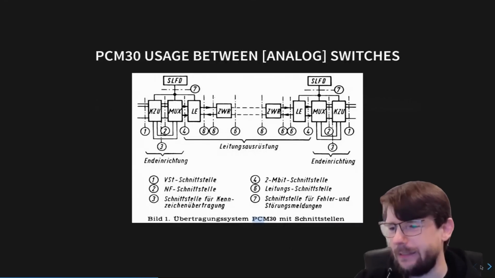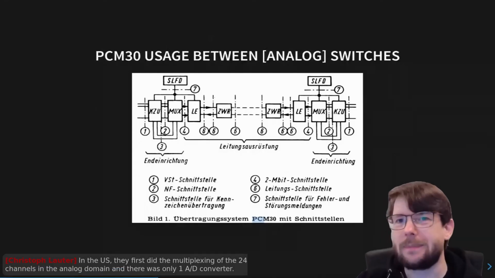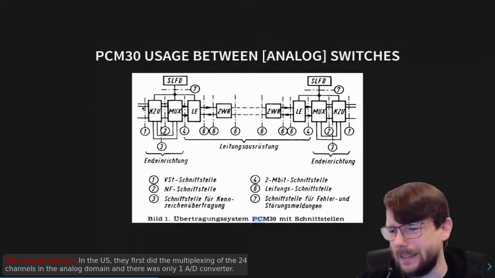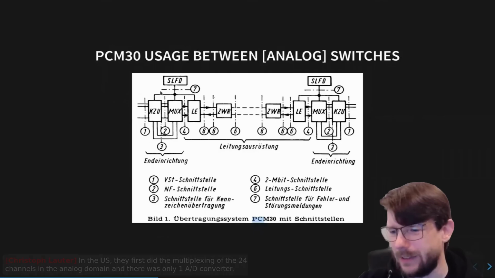And if we look at a slightly more verbose block diagram, on the left-hand side it's not really drawn, and on the right-hand side, outside of the picture, are the 2 switches, and then this is the PCM30 equipment.